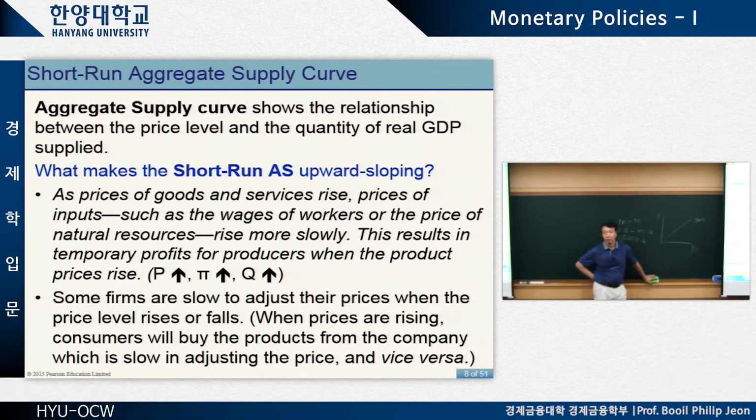So in order to explain why the short-run aggregate supply curve slopes upward, unfortunately we cannot use the same explanation, okay?